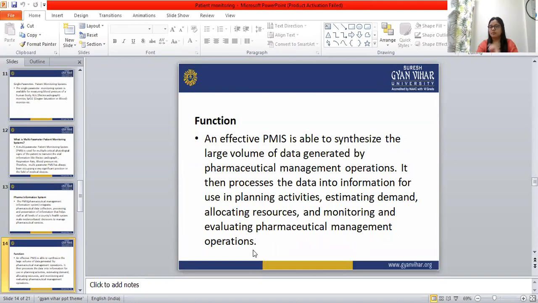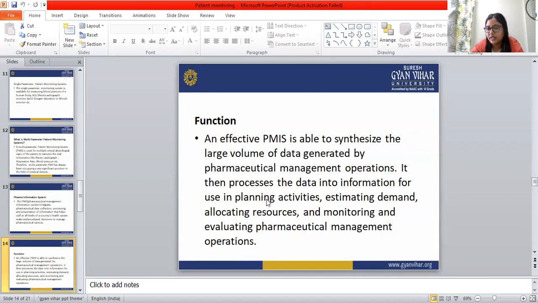So the effective pharmaceutical management information system is able to synthesize the large volume of data generated by pharmaceutical management operations, and after the generation of that data, it is processed into information for use in the planning activity.